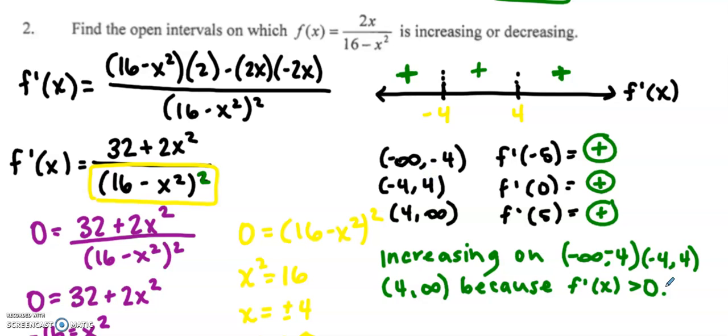So what I was going to say is you have to make sure you don't just say from negative infinity to infinity, because at -4 and at 4, f prime is not positive. F prime was undefined. That's what we got from this work over here.